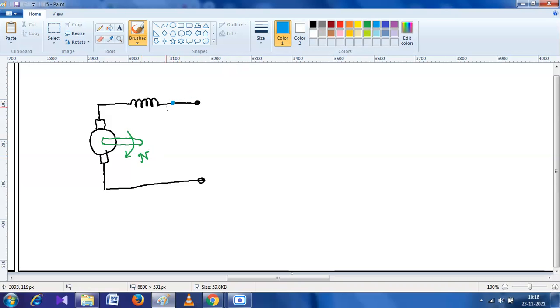Suppose this is F terminal and this is FF terminal, and this is A terminal and this is AA terminal, and the direction of the current to the field is towards the left, and from the armature it is downward. This is plus, this is minus, this is V.